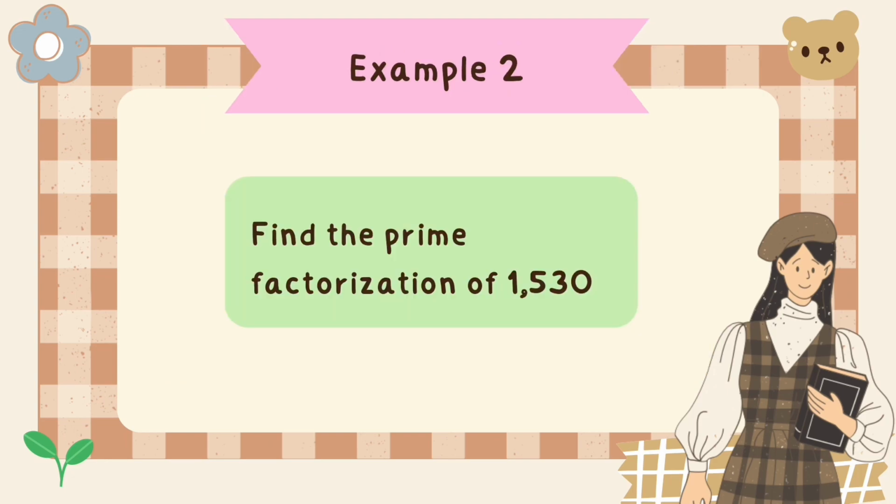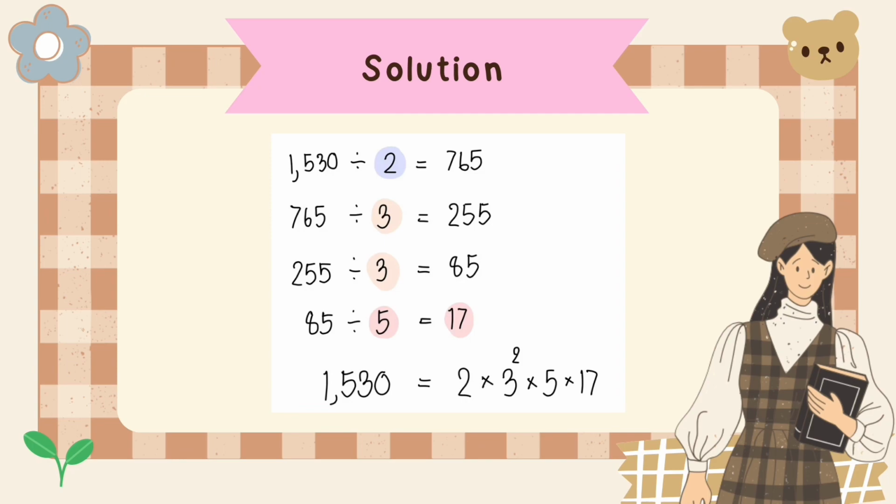Example 2. Find the prime factorization of 1530. Solution: start by dividing 1530 by its smallest prime factor.